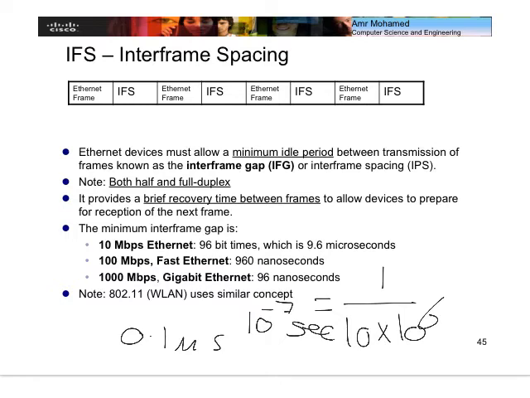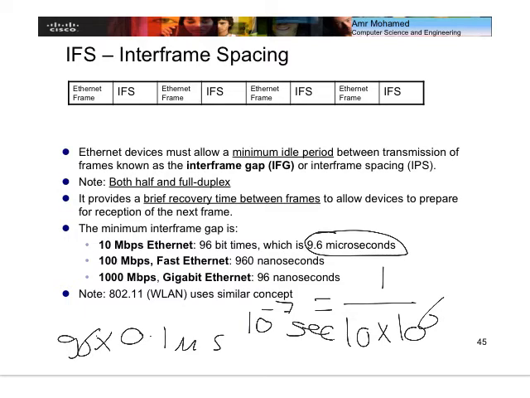So the duration of the interframe spacing is 96 of this duration. Which means 0.1 times 96, which is 9.6 microseconds. As simple as that.